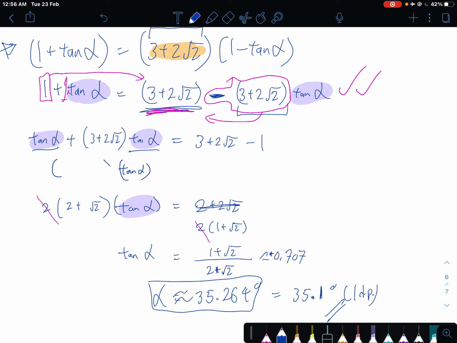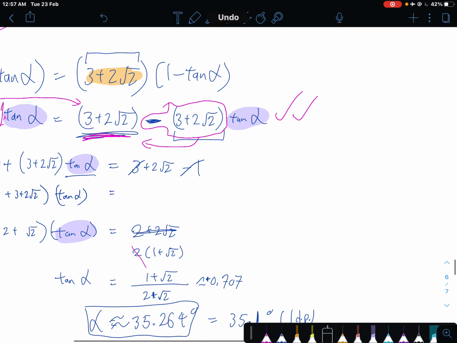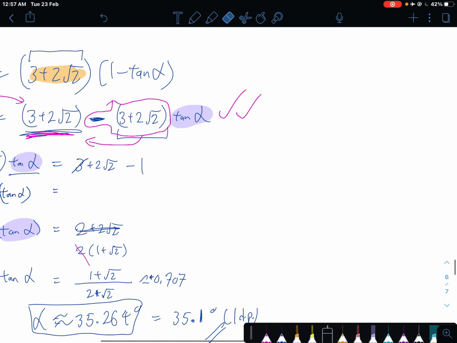Then I realized that it has 1 copy for the first term and 3 plus 2 root 2 copies of tangent alpha. 1 lot and 3 plus 2 root 2 lots of tangent alpha. And then it's equal to 3 plus 2 root 2 minus 1. 3 minus 1, you're left with 2. I better not cancel, I think it's a bit messy already. So 3 minus 1 is really just a 2. The plus 2 root 2, nothing happens, so just copy and paste.